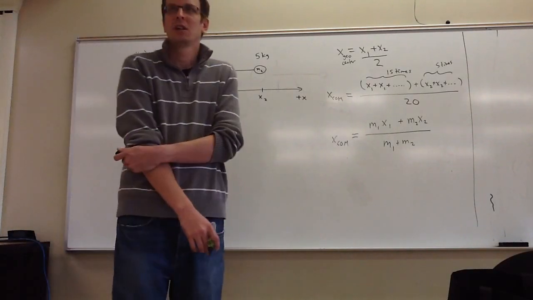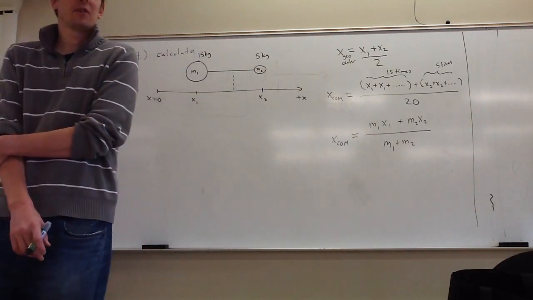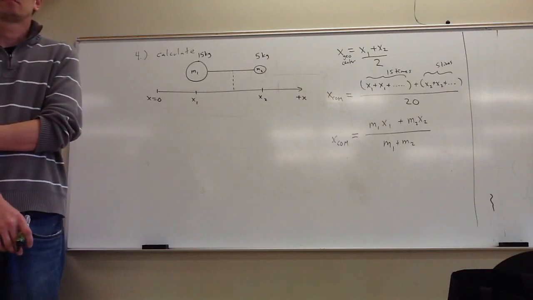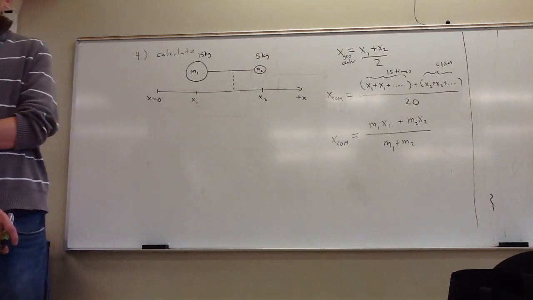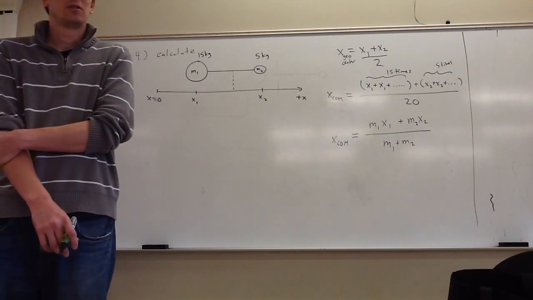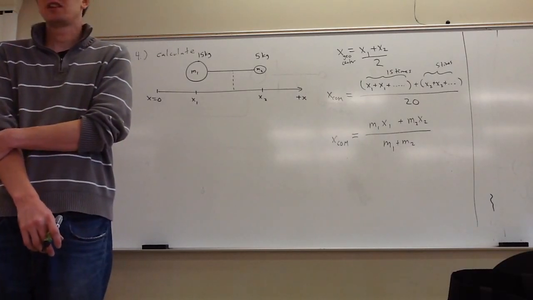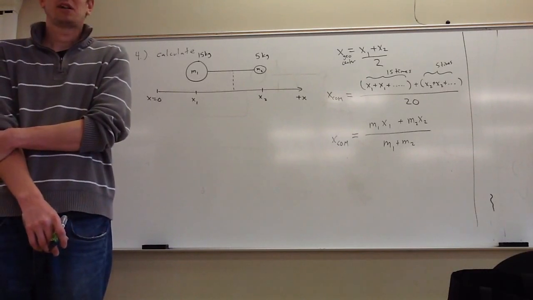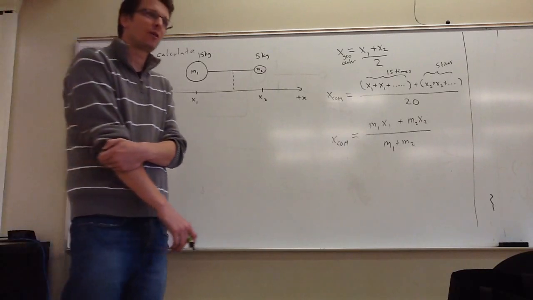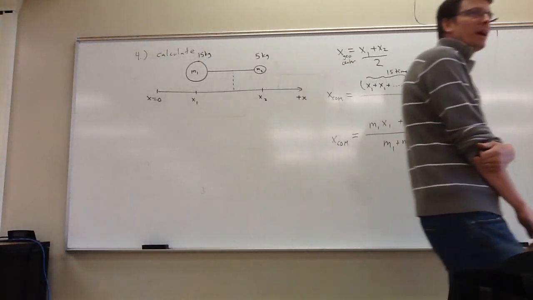Okay? You do this kind of thing all the time. Like, for instance, if you're trying to compute how you're doing in a class so far, right? If you got an A on a quiz and a C on an exam, your class average isn't a B, is it? Right? Because the exam's worth more. So what you have to do is you go to the syllabus and you take the weights, right?